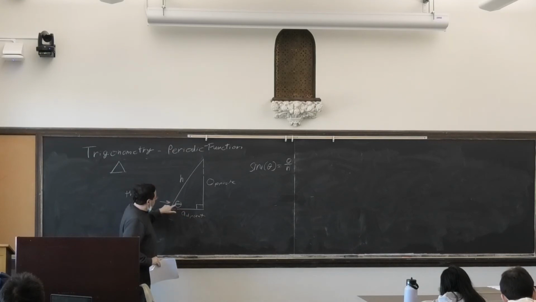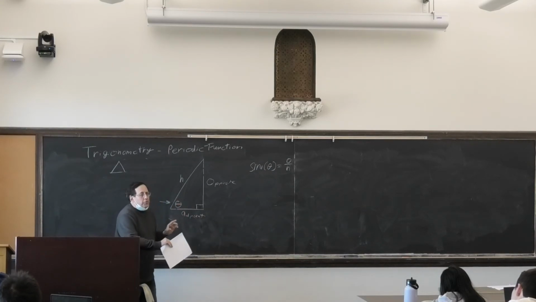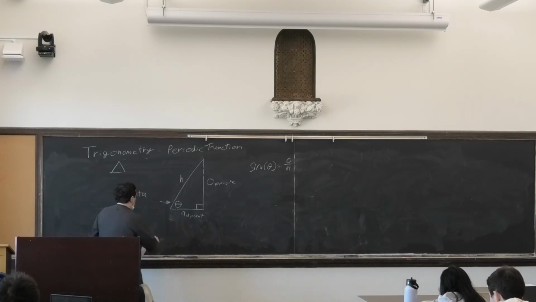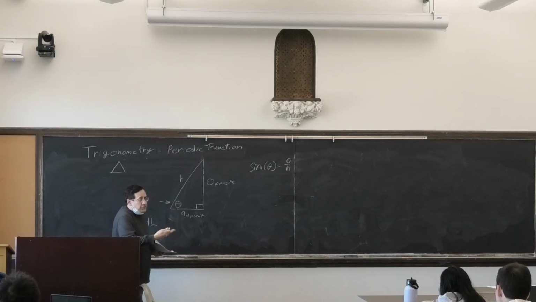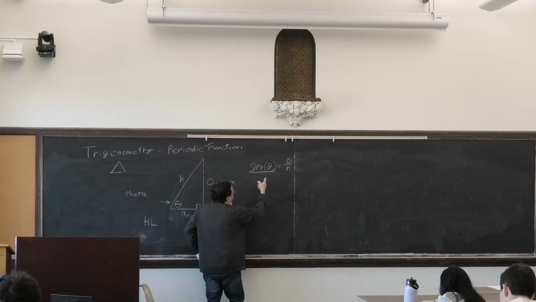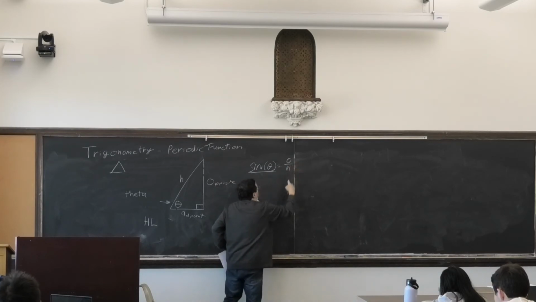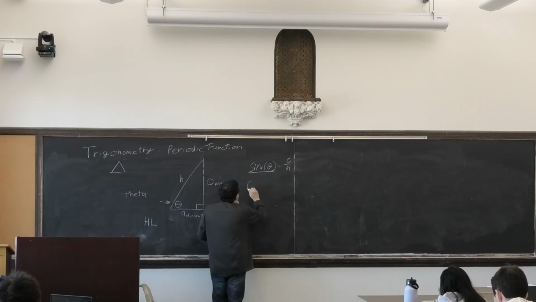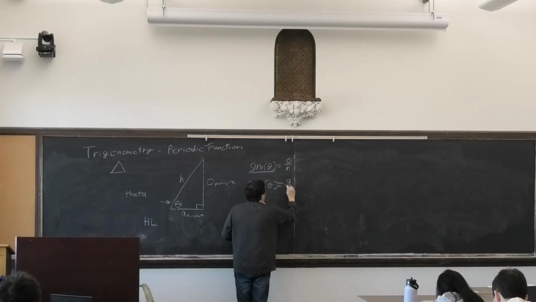Any right triangle with a right angle and an angle of theta is similar to every other right triangle with that angle of theta because of HL. Because they're similar, the ratios of their sides are the same. So this is just the ratio of the side, in particular the opposite over the hypotenuse. We go on and we have the cosine, which is the adjacent over the hypotenuse.